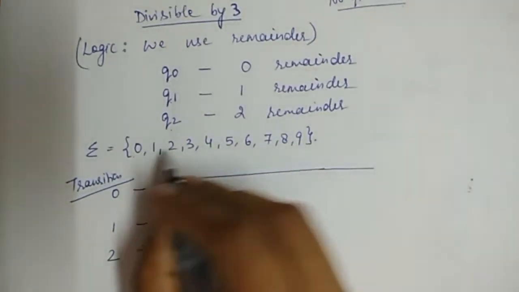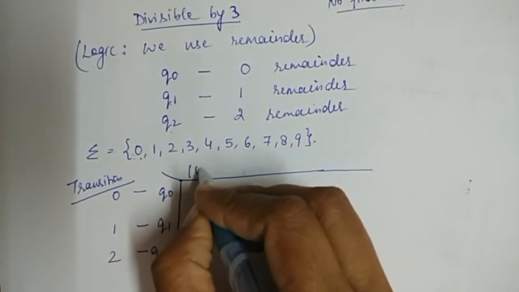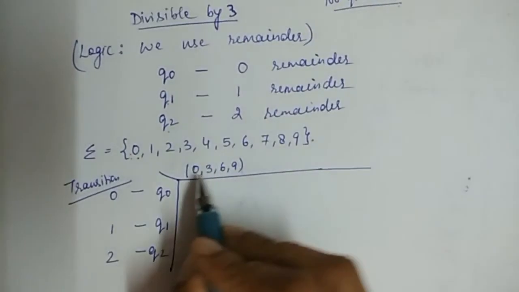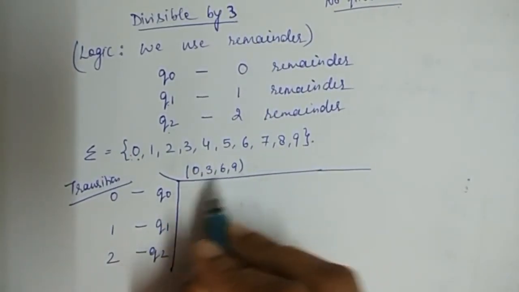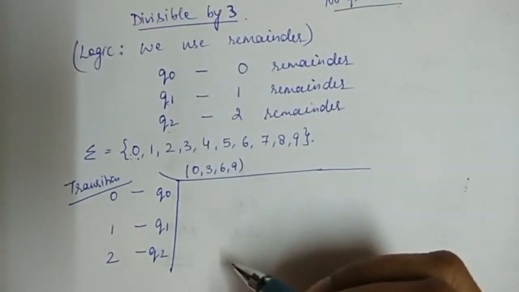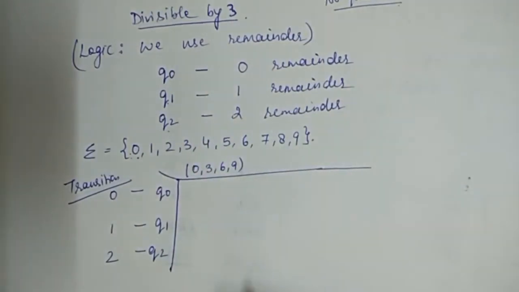For example, from 0 to 9, if I combine 0, 3, 6 and 9, all these four values when divided by 3 always give 0 remainder. So we combine all those values which give the same remainder.